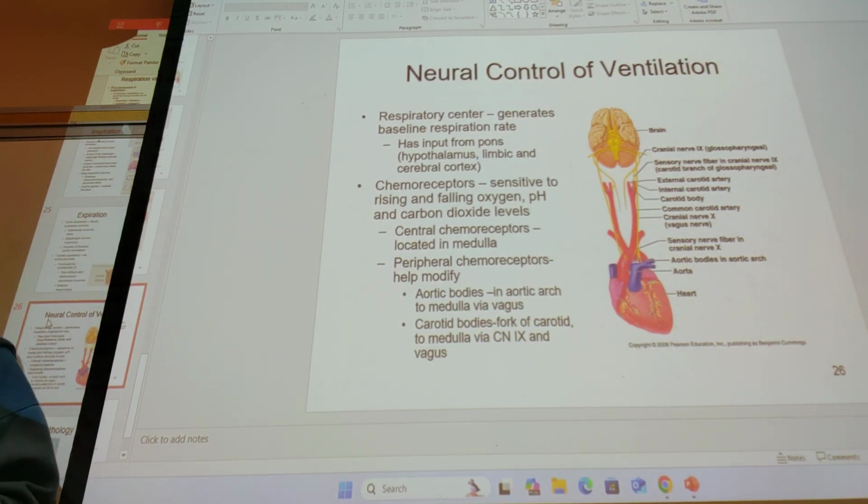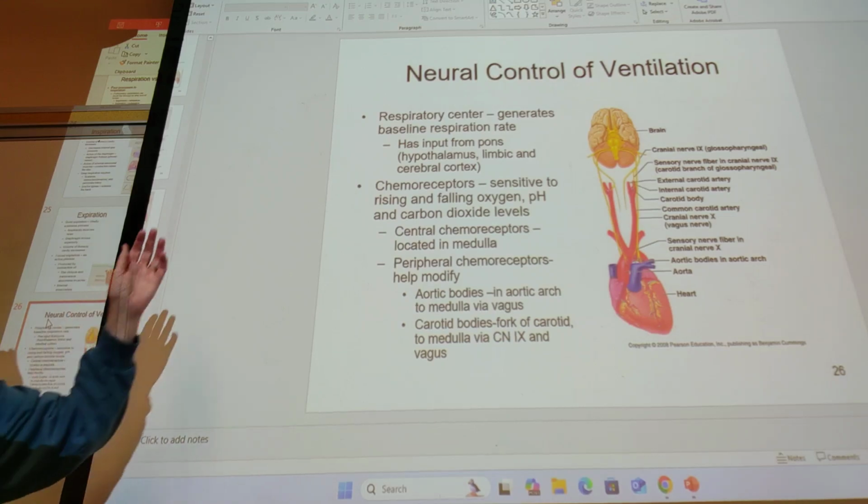But there are other parts of your brain that can also influence the medulla oblongata. And those other parts are the pons, but also the hypothalamus. If you get really scared, your breathing goes up. You get really angry, your breathing goes up, right? So your rate of inhale and exhale and how deep you're breathing in can be augmented by these other spots in the brain.